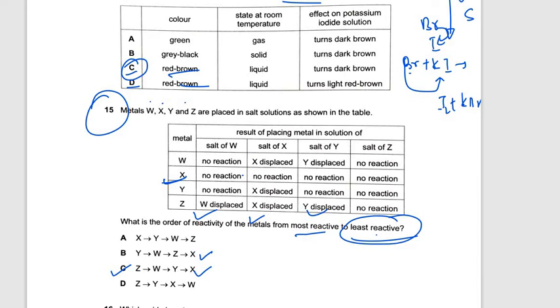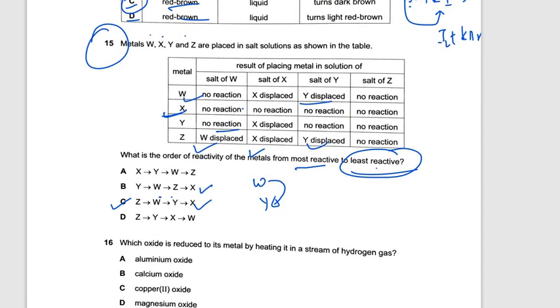Now I also want to check W and Y. W will be here, Y will be here, so W will displace Y from any kind of salt, which satisfies option C. When you put W, it is displacing Y, so this is the correct option.